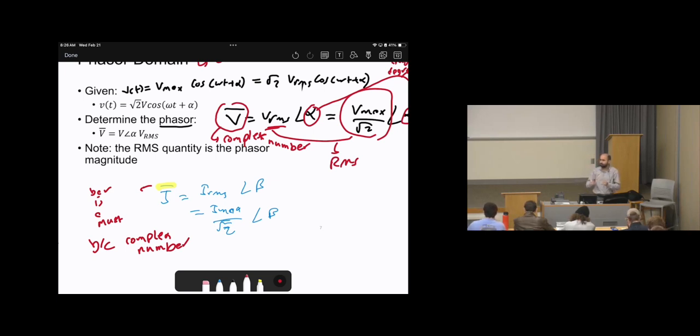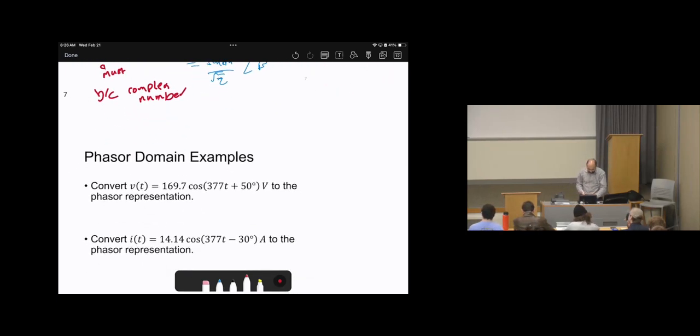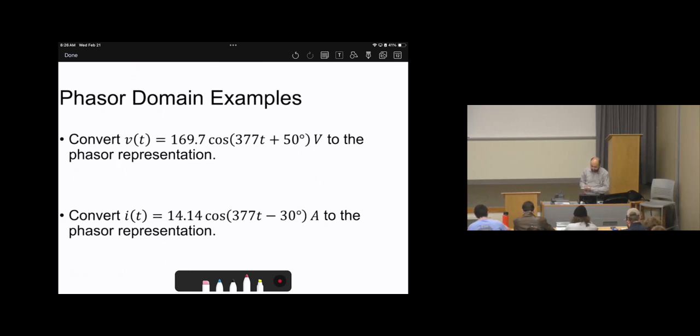Now, whenever we have any voltage expression or current expression, we can convert it into the RMS or phasor domain easily. Okay, let's see this example. Convert V of t to the phasor representation. How can we start? Basically, this is equivalent to V max cosine omega t plus alpha. So we say that's V bar, because in phasor, V bar is V RMS angle alpha.